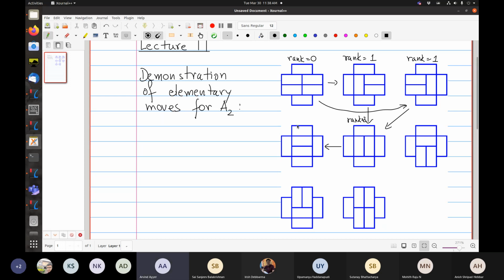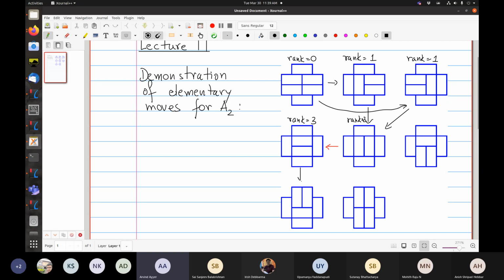Maybe I'll put this in another color, just to emphasize that we are in some sense going the wrong way. So this is now rank equal to 3, and now you can flip these two horizontals or these two to get verticals in two ways.